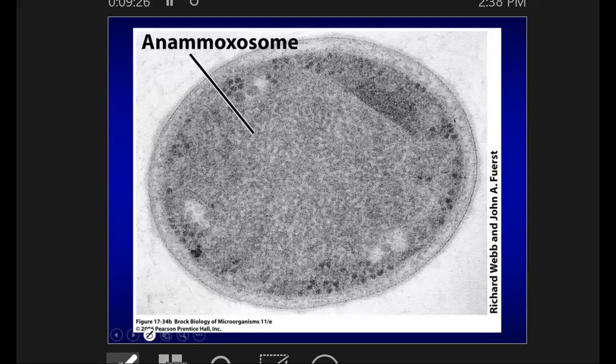Well, with more and more study, that's not exactly accurate. For example, with this anammoxosome idea, when you look into these bacteria inside, they have all this membranous material inside their cell. And so it's like, well, technically that's like an organelle. And so it's getting harder and harder to say that prokaryotes don't have organelles.